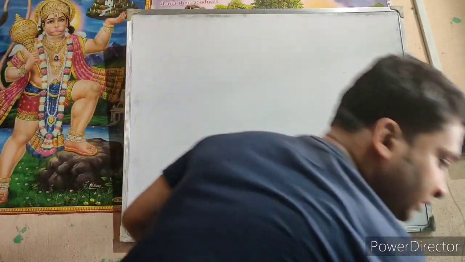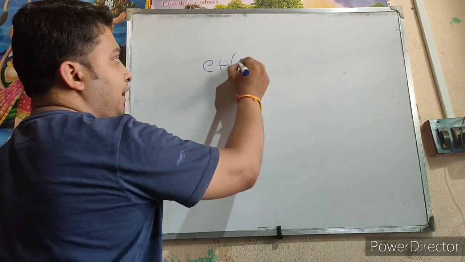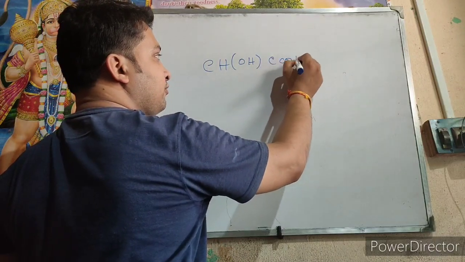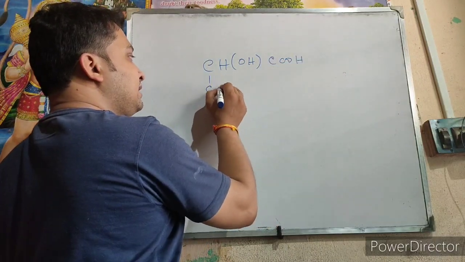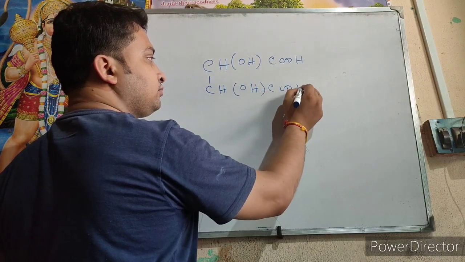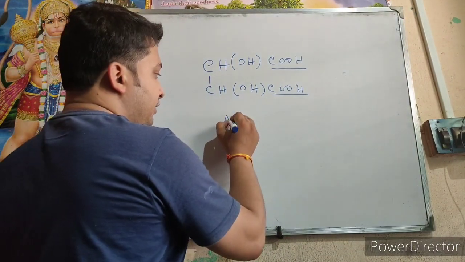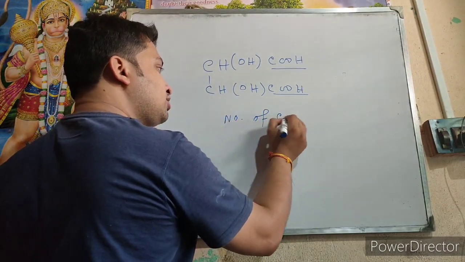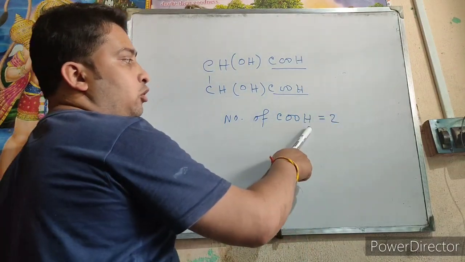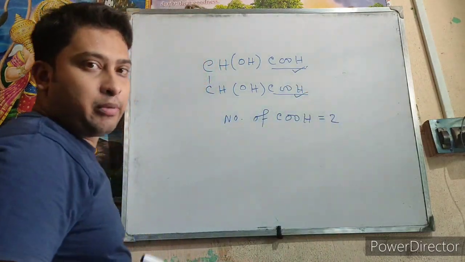Now, thirdly, if you write CHOH, COOH and CHOH, COOH, the number of COOH equals 2. As the number of COOH equals 2, the number of carboxylic groups is 2.